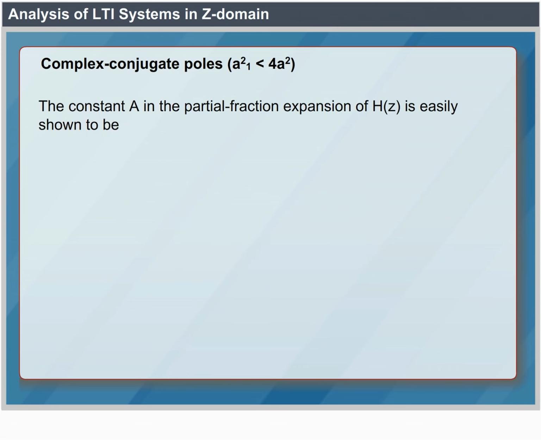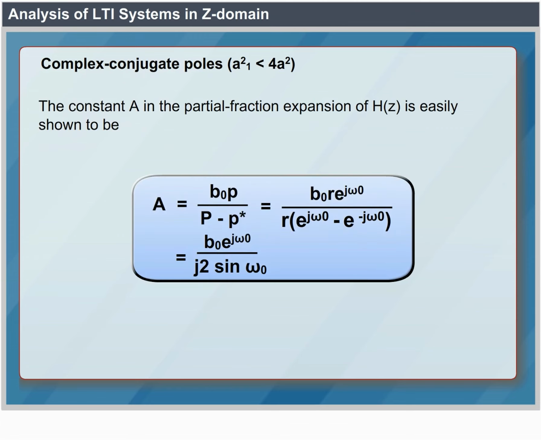The constant A in the partial fraction expansion of H of z is easily shown to be A equal to b0 p divided by p minus p star, equal to b0 r e power j omega naught divided by r into e power j omega naught minus e power minus j omega naught, equal to b0 e power j omega naught divided by j 2 sin omega naught.